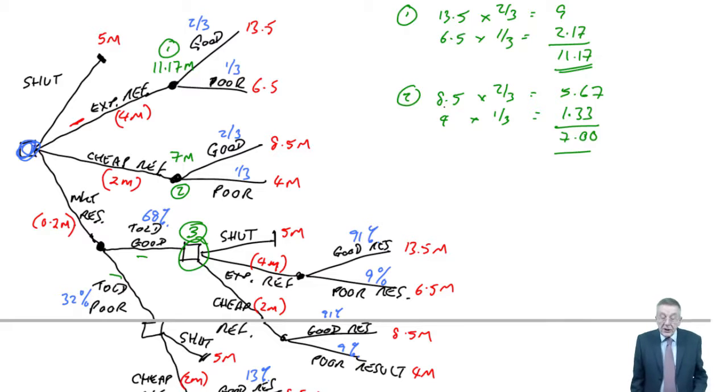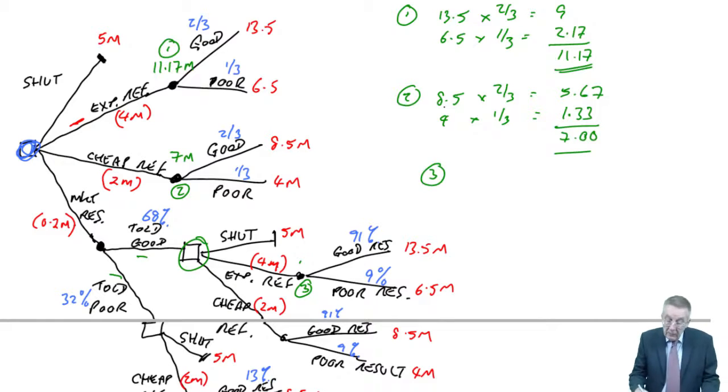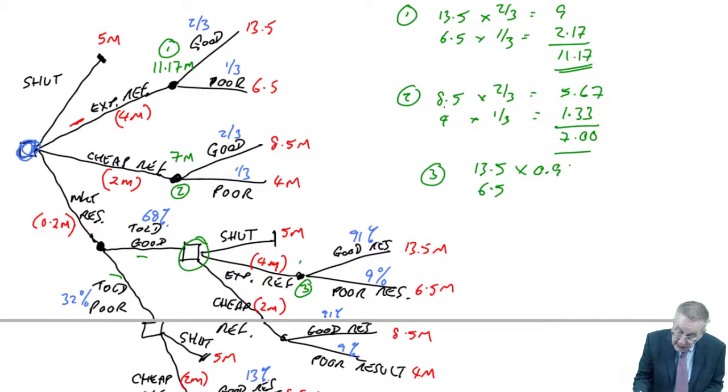We'll either decide to shut and we get 5 million, or, if it's expensive, we'll pay out 4 million, and how much do we get? Well, we either get 13.5 or we get 6.5. The probabilities are 0.91, 0.09.